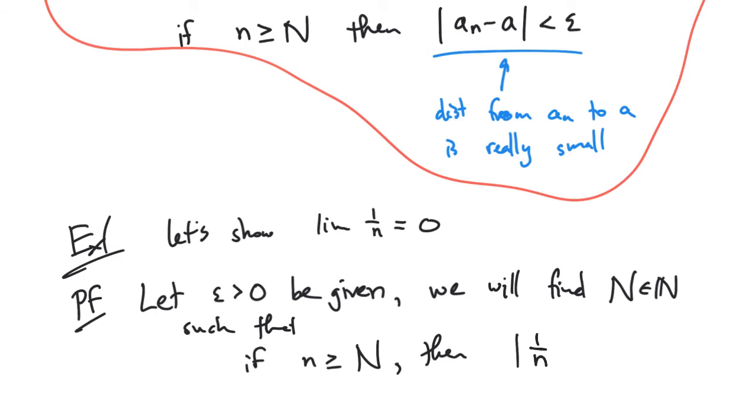I'm just plugging in what we have here. Minus, what do I use for the a? 0, yeah. A, remember, is the value that it's actually converging to. Less than epsilon, all right?